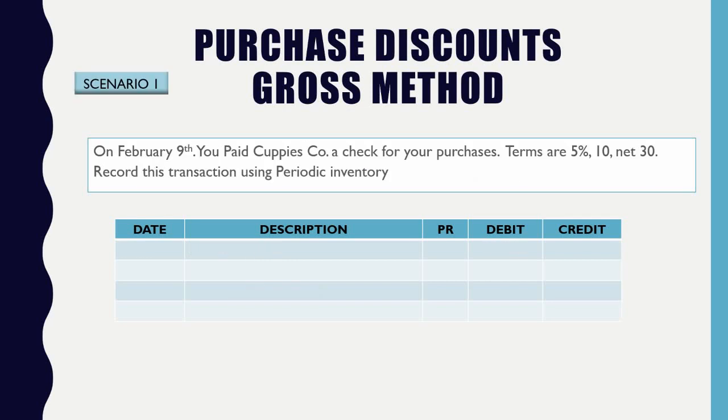So scenario 1, what happens if a couple days later, it's now February 9th? Since the terms were 5/10, net 30, did I meet the condition? Did I pay within 10 days?